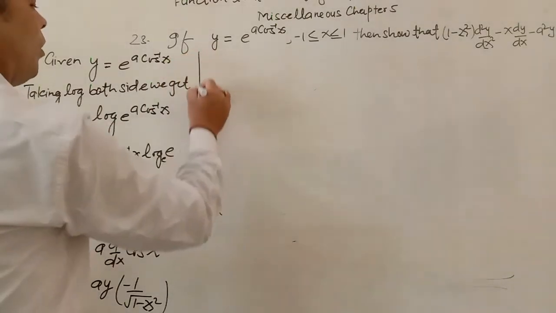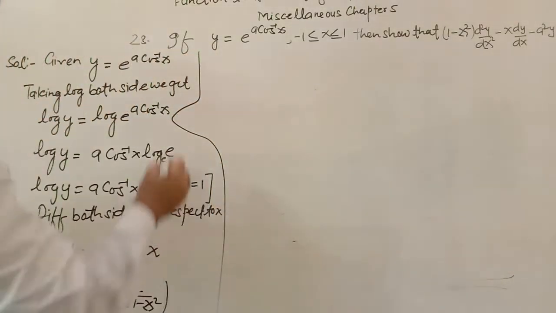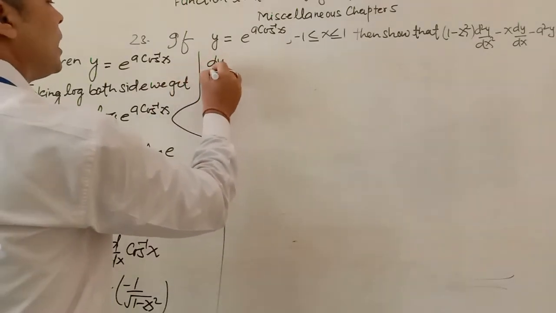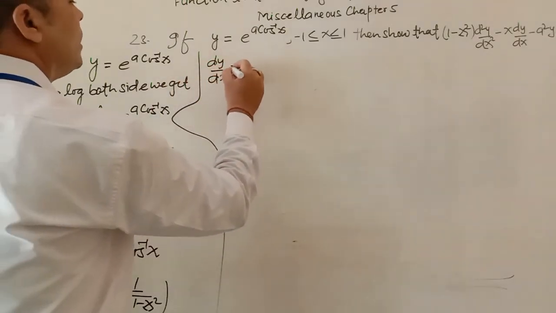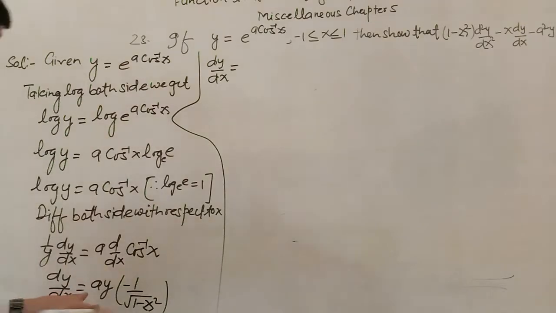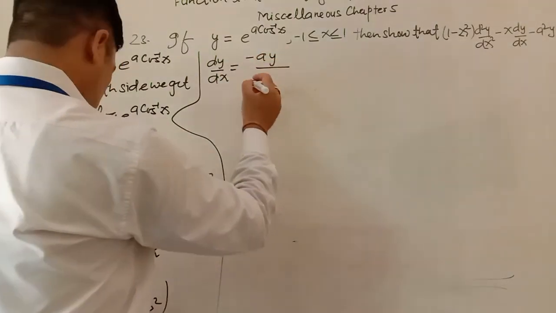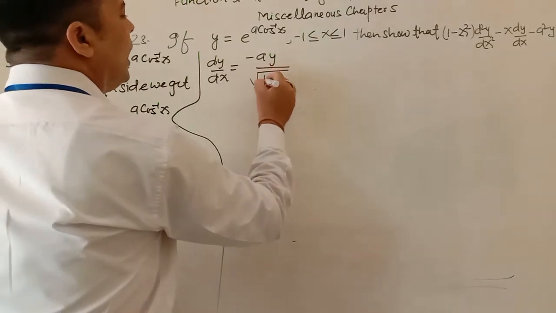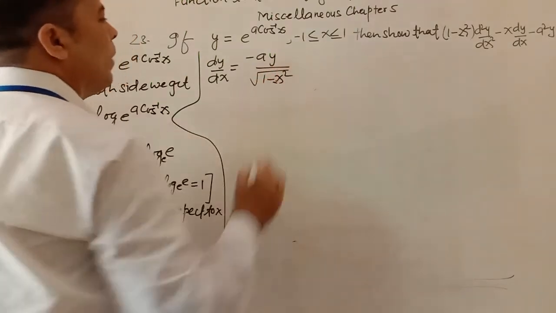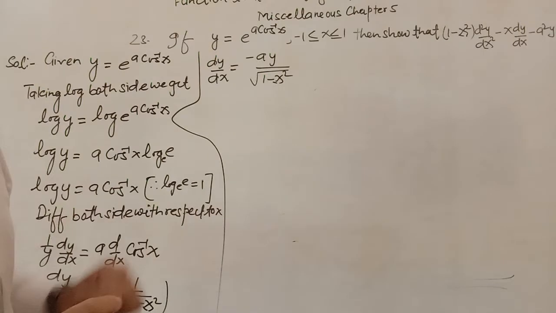So the value of dy upon dx is equal to minus ay upon under root 1 minus x square.